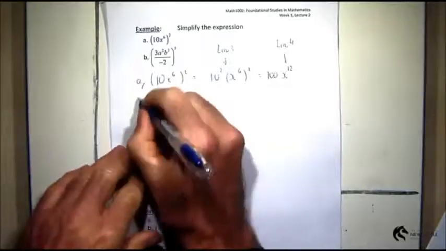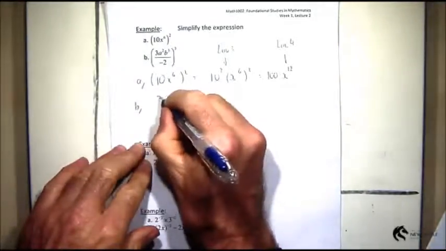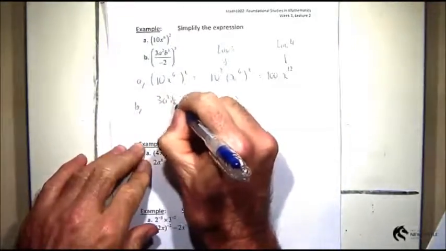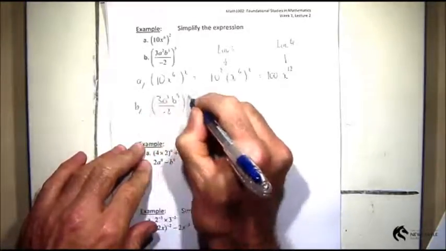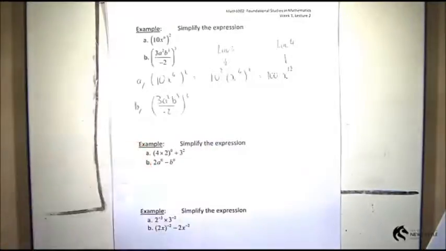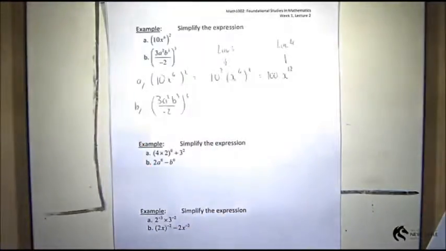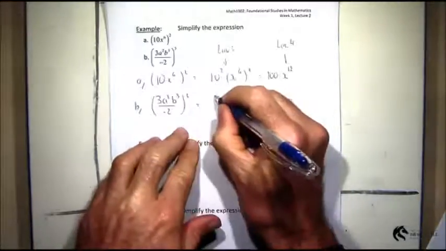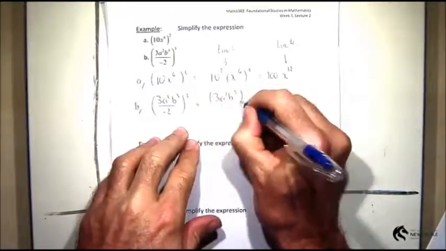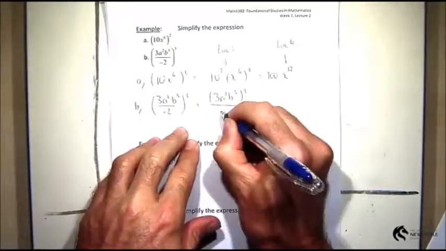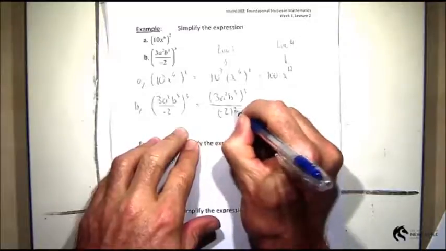In part B, I've got 3a squared b cubed on minus 2 all cubed. Now, in this case, this becomes 3a squared b cubed, all divided by minus 2 cubed.